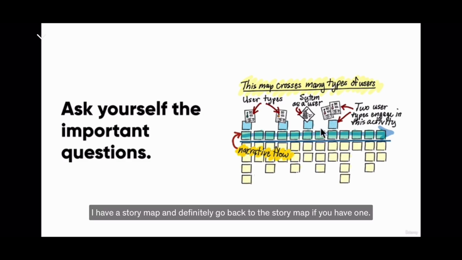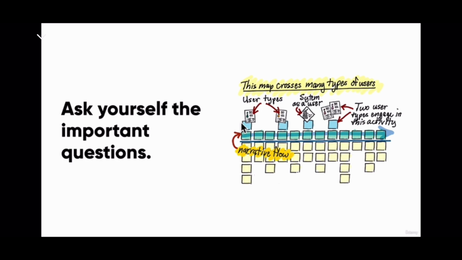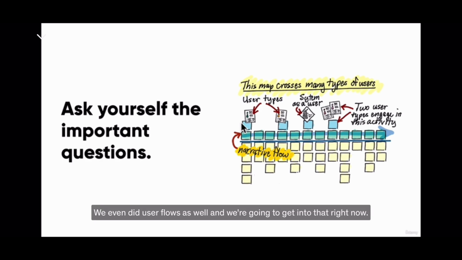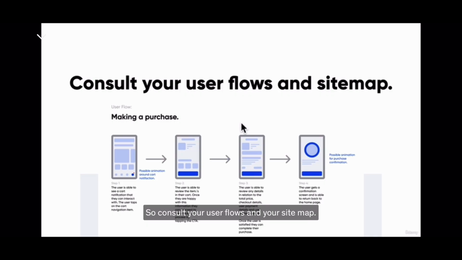If you have a story map, definitely go back to the story map. Consult user stories and requirements so you can understand what will be on every page. We even did user flows as well, so consult your user flows and your sitemaps.